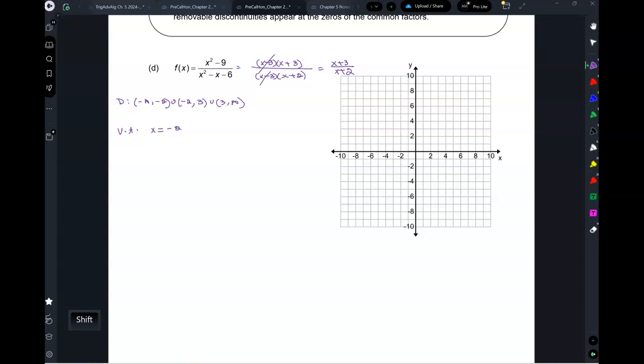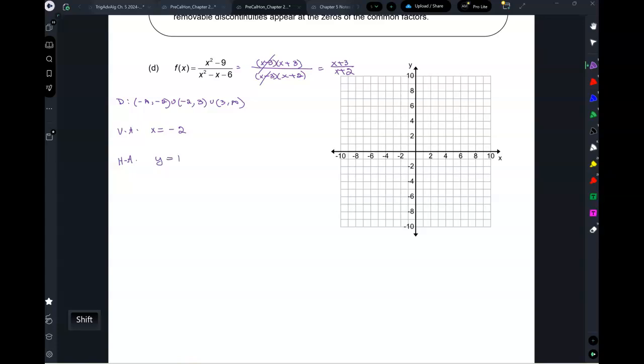All of the points where the denominator is 0 must be represented in your domain. So this function is undefined at 3 and -2, so the domain can't include those 2 points. Where is the vertical asymptote? X equals -2 only. Horizontal, y equals 1.